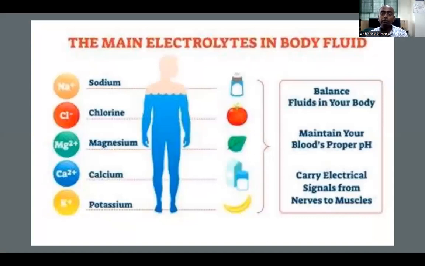Here are some examples of how we can get these electrolytes easily. Sodium we can obtain normally from table salt, rock salt, whatever salt we are taking, so we can easily get sodium.